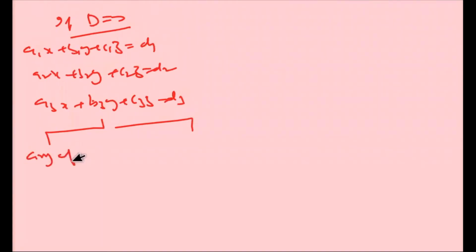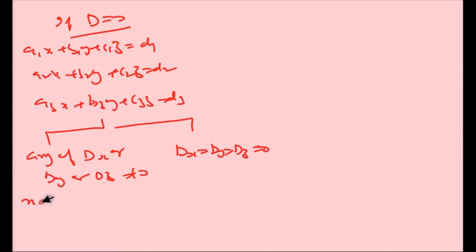Any one of dx, dy, dz not equal to 0, or dx, dy, dz all equal to 0, then here no solution. Okay, system inconsistent. Inconsistent means no solution, consistent means solution.